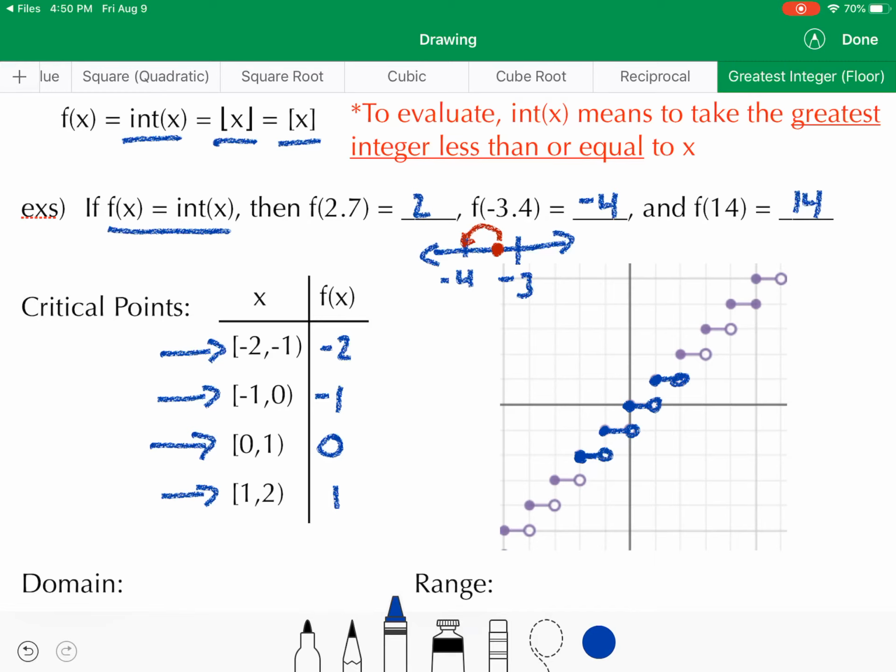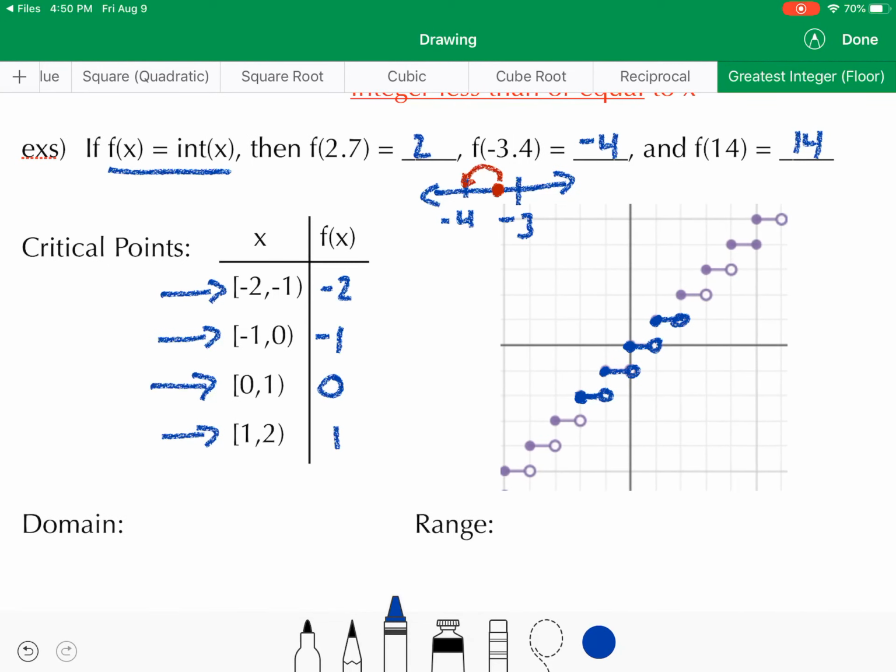Now, sometimes students get hung up on why I started my first interval at -2. There was really no rhyme or reason to that. You can really start anywhere. Just try to fill up the graph. All right, domain for the greatest integer function is all real numbers.